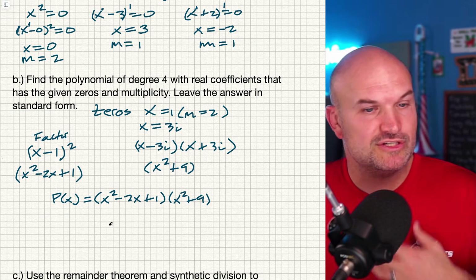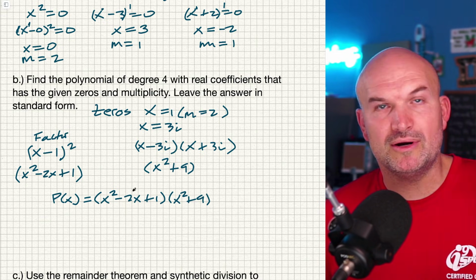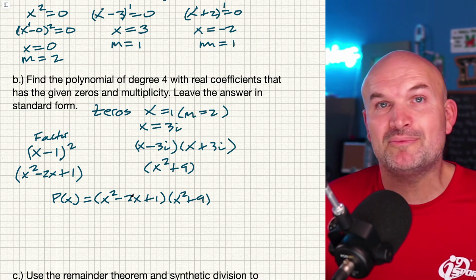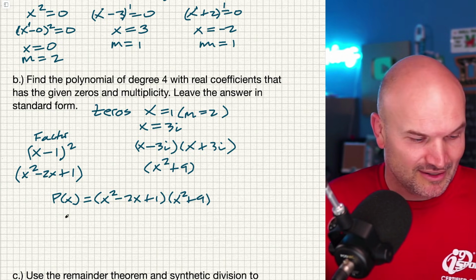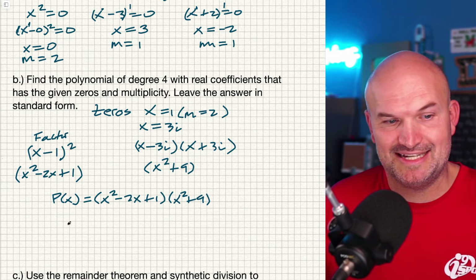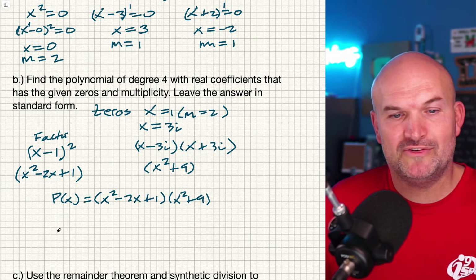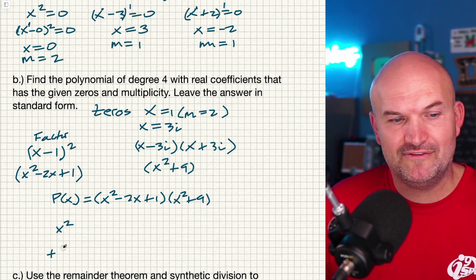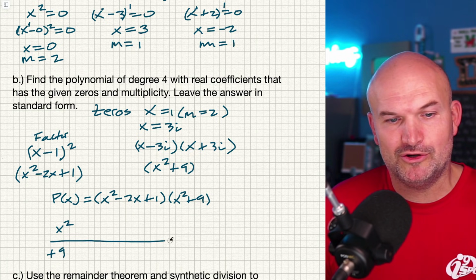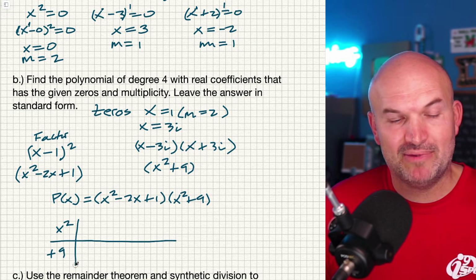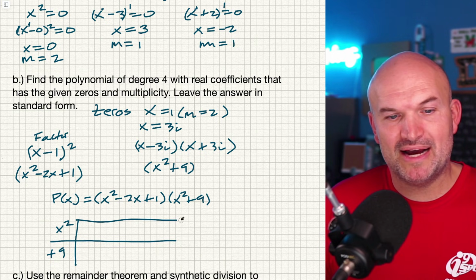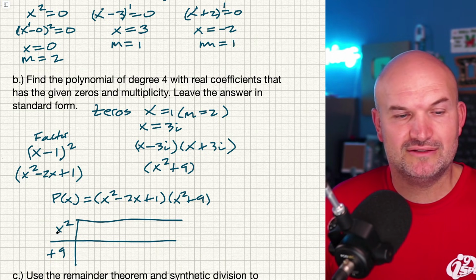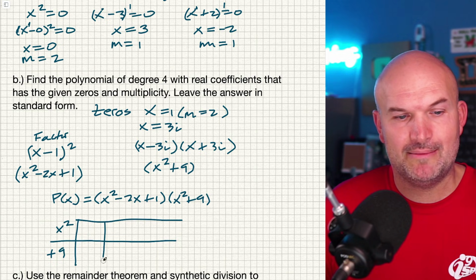Now, ladies and gentlemen, there's nothing wrong with applying the distributive property here. However, on a test, or even not on a test, I would still probably prefer to use the box method, because what I have found when I multiply polynomials that are higher than binomials is that the box method eliminates so many mistakes on my end.